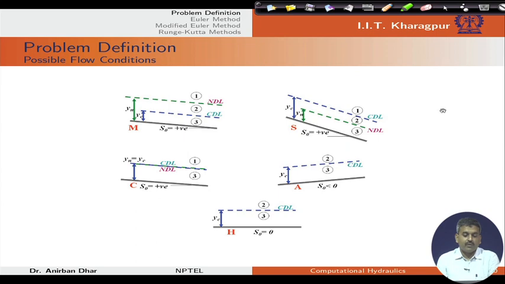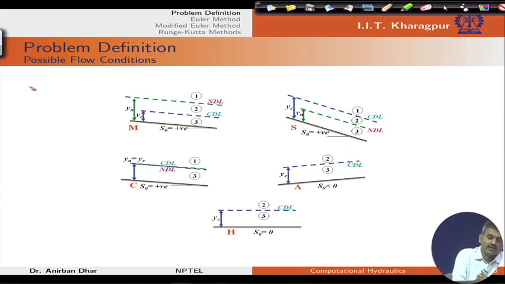Now, possible flow conditions. So, now we have information regarding y c and y n. According to the position of this critical depth line and normal depth line, we can classify the flow conditions.